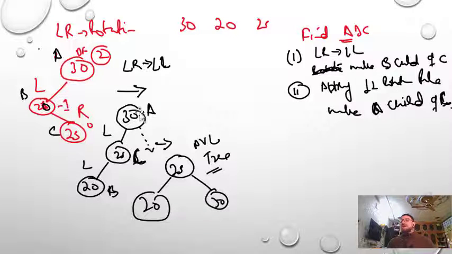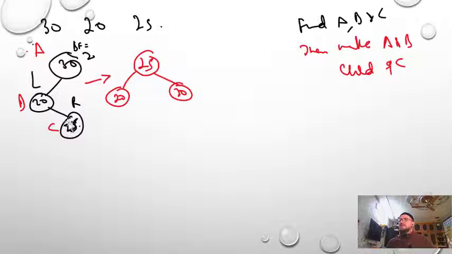And for LL we know you have to make A the child of C. Or in simple terms, you will make 25, which was the C, and you will make A and B child of the C, like this. So A, B, C. So C is here, which becomes the father of them, and B and A become its kids. Simple as it is.